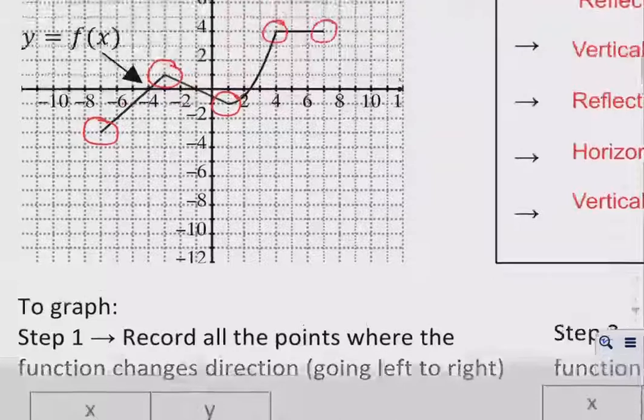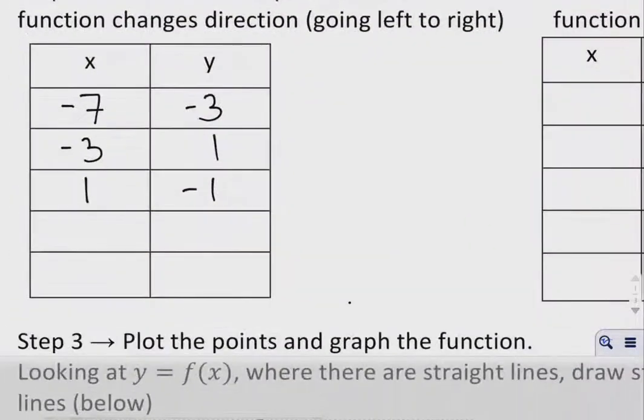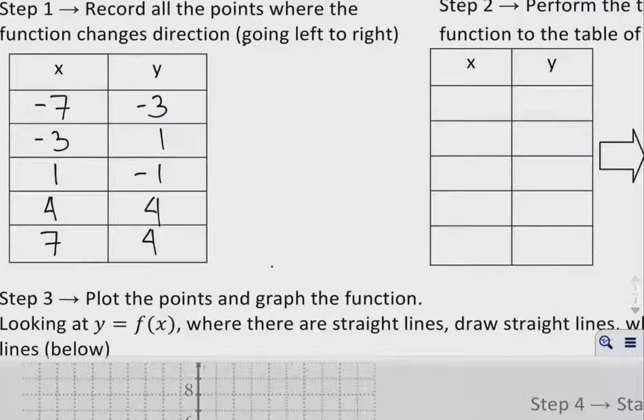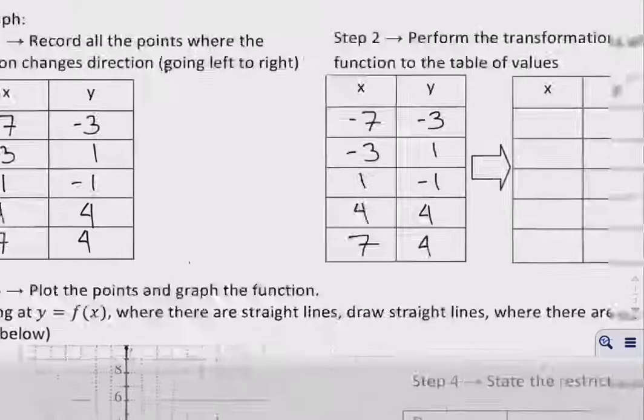And then I get 4 and 4 and 7 and 4. So 4 and 4 and 7 and 4. I'm just going to copy these values over to step 2 because we are going to use them again. -7, -3, -3 and 1, 1 and -1, 7 and 4. And now I'm going to apply the transformation.